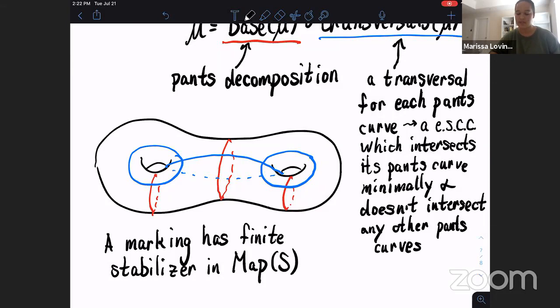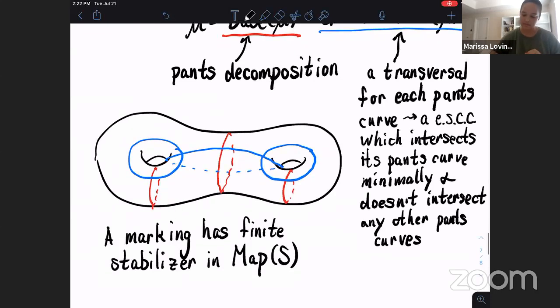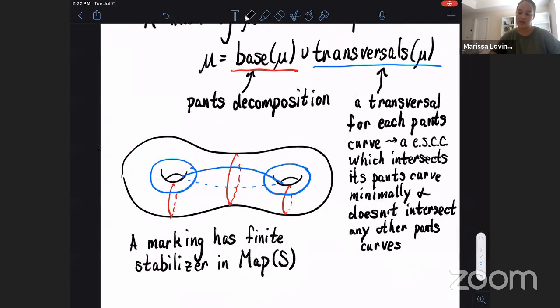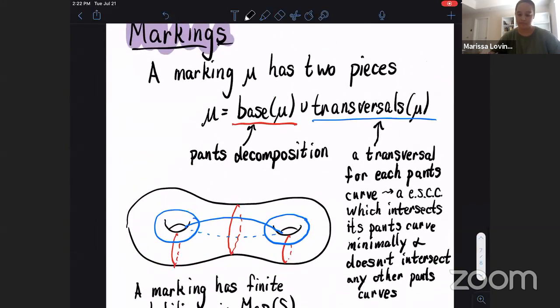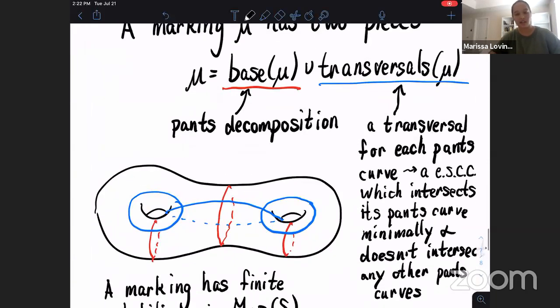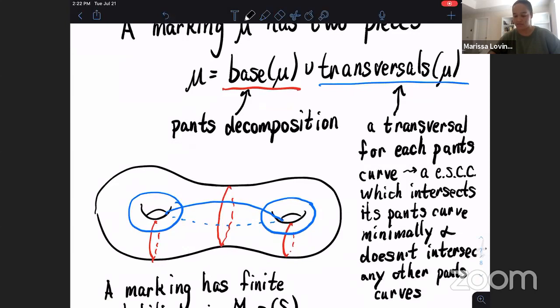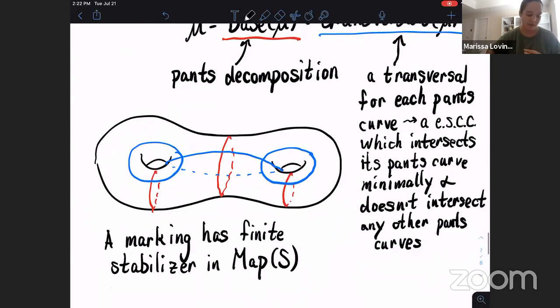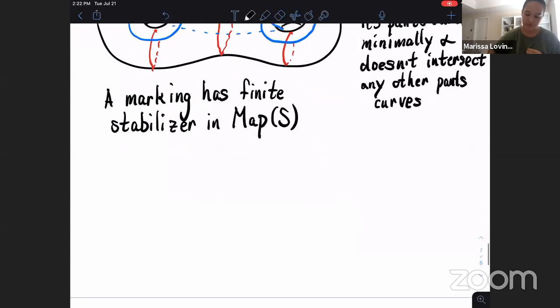We have our pants decomposition, and then what else could we do? We could do some twisting, and those transversals are really picking up on that twisting. So this is great. This is what I mean when I say marking. Again, this is not quite as precise as it could be, but I think it will get us where we need to be. Okay, so this is my marking.